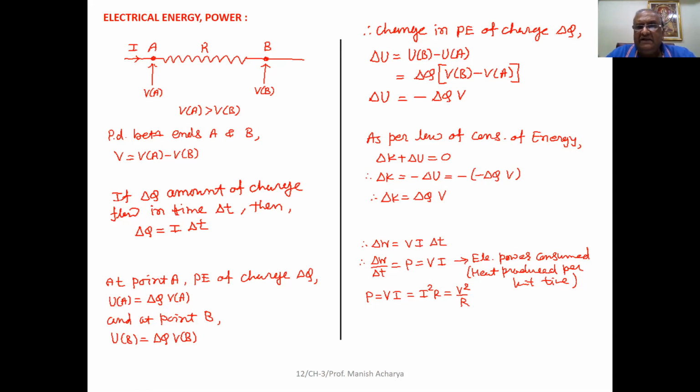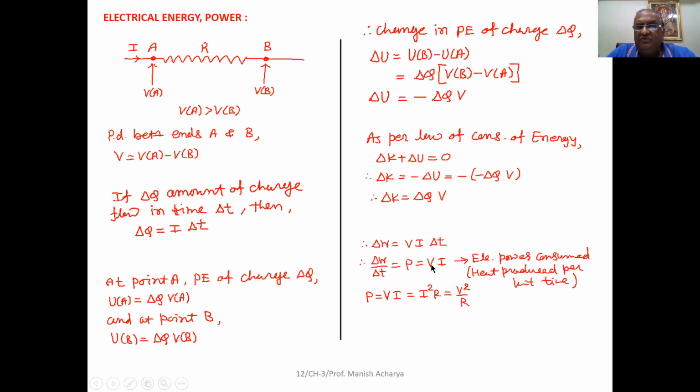So we can say the electrical power consumed P, that is V into I, itself is the heat produced per unit time. And we can write this equation like this also.